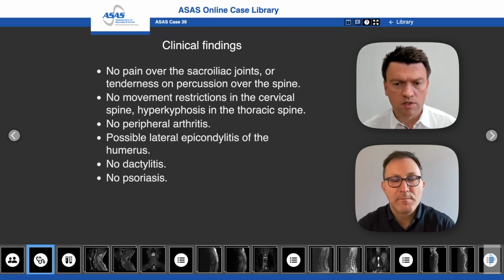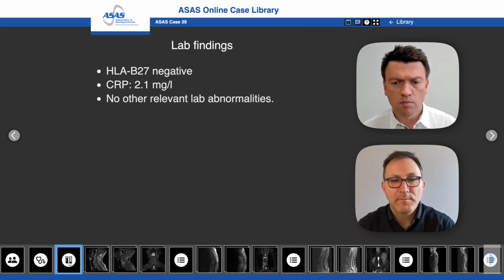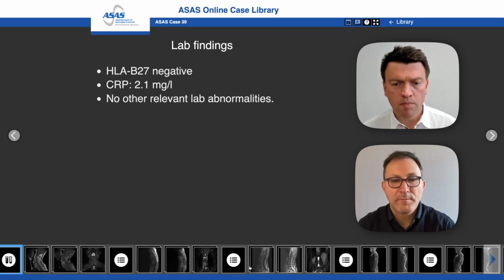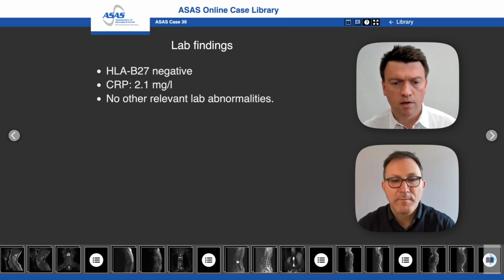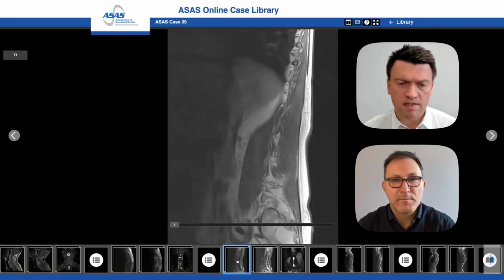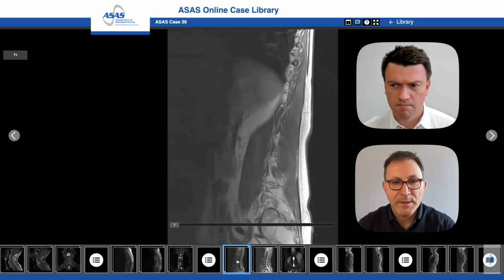So CRP was only slightly elevated, and HLA-B27 was negative. The patient also brought a lumbar MRI where we could see also sacroiliac joints. So I'm curious what the judgment on sacroiliac joints would be.